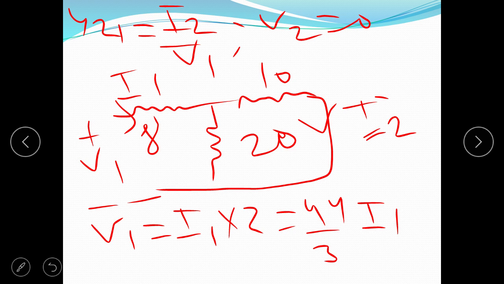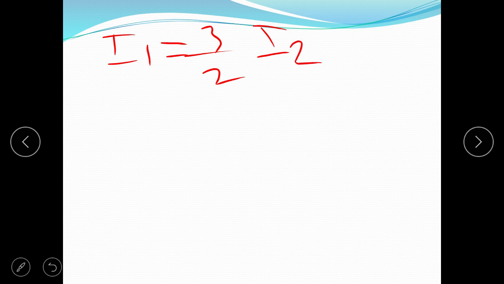Okay, but now what is the value of I1 in terms of I2? We know that I2 is equal to 2 upon 3 of I1. So I1 in terms of I2 is equal to 3 by 2 of I2.